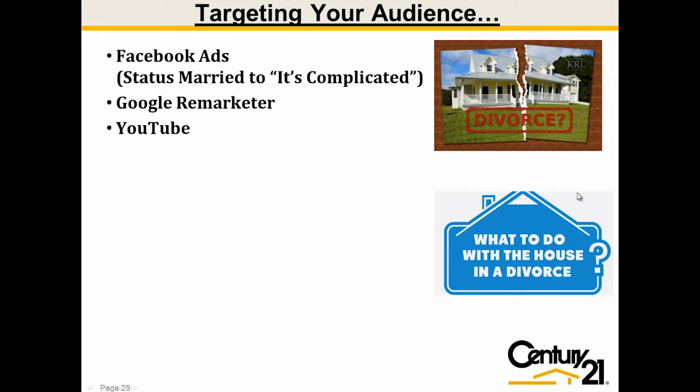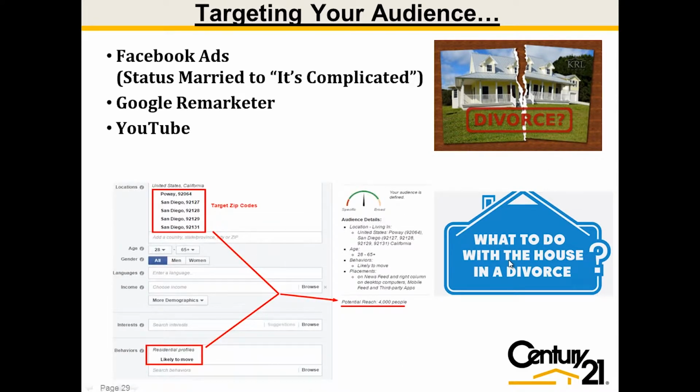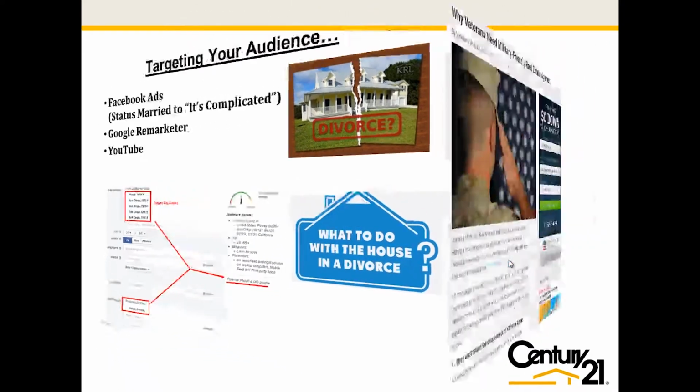I should say we are going to let Facebook's ability to target people based on their behaviors and their interests help us to select that target audience. And you might run a little ad, what to do with your house in a divorce, or a picture of a house being broken. And then we try and attribute the areas that we work in to be the ones that we really want to click on our ad. We're going to lower it to our level.